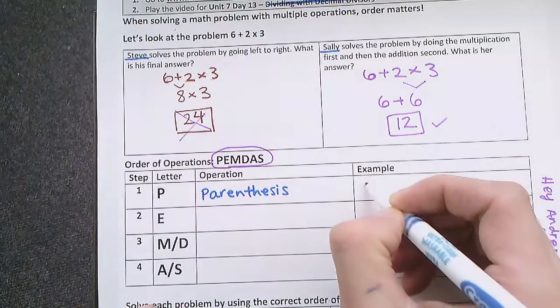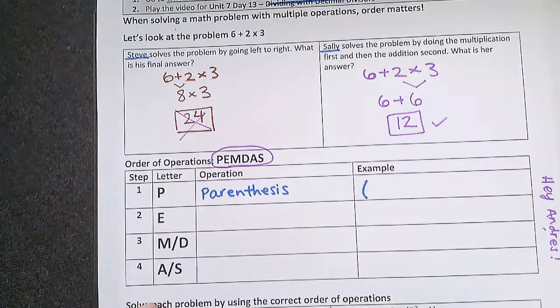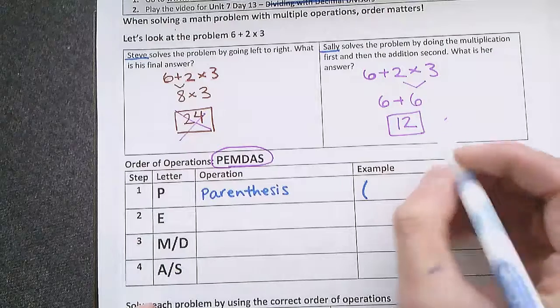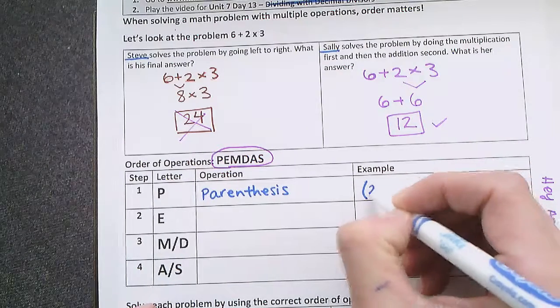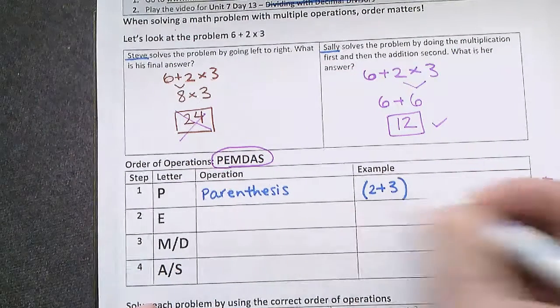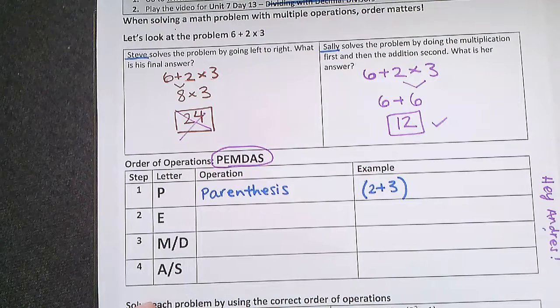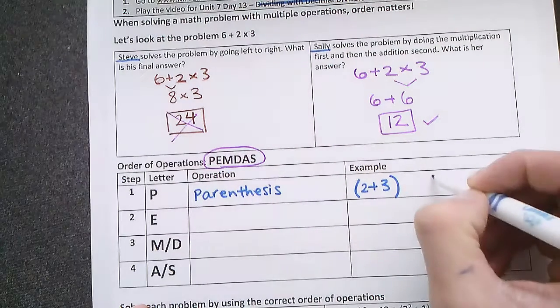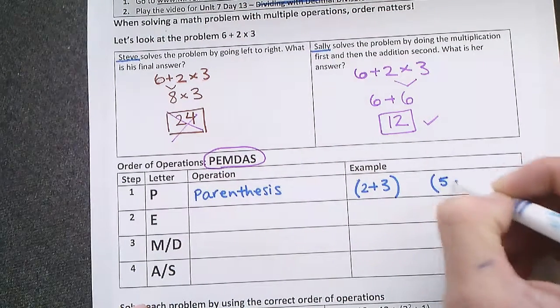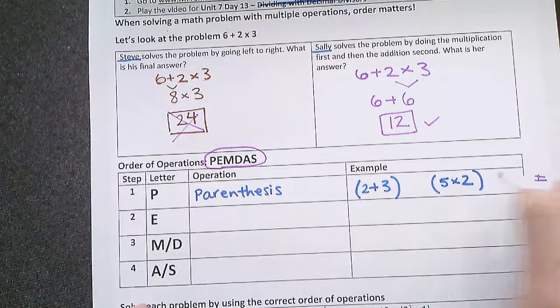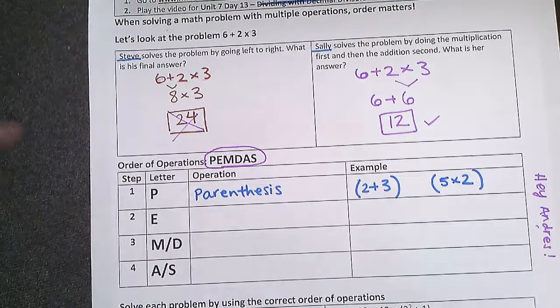The symbols are the same, right? It's this big open half circle, right? And you might have something like 2 plus 3 on the inside. That's an example of a parentheses. Another example is you might have, maybe 5 times 2 inside the parentheses. So parentheses are always what you do first in a problem.